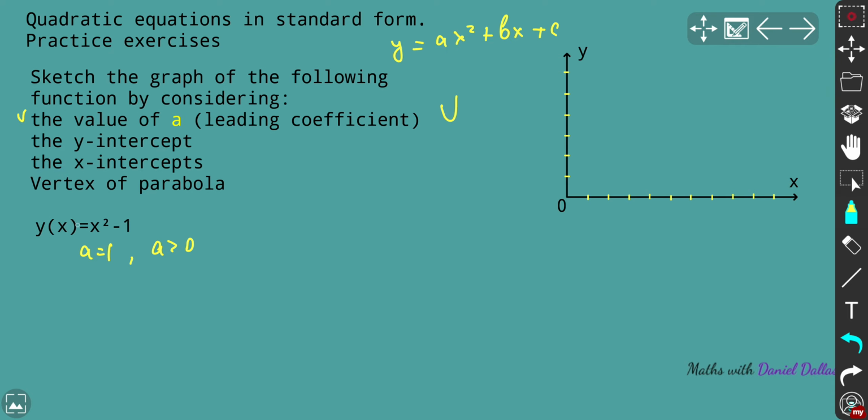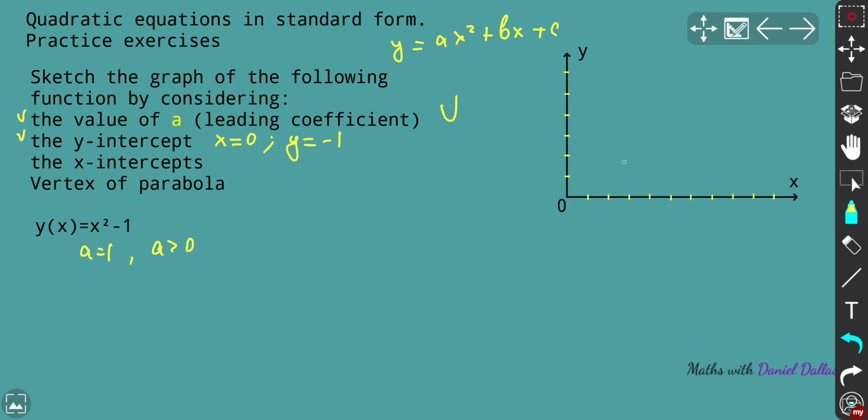Let's move to the next step. We need to find the y-intercept. When we're looking for the y-intercept, we simply say that the x coordinate is going to be 0, because the parabola crosses the y-axis exactly where x is 0. So we say that x is 0 and we have y equals negative 1. This is the y-intercept in that case.